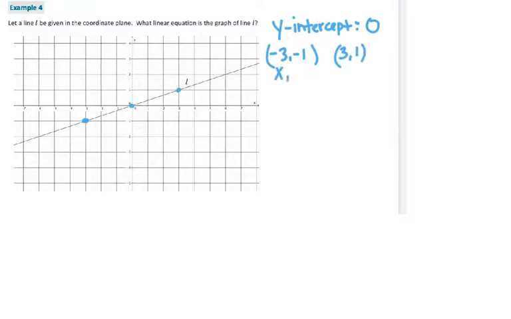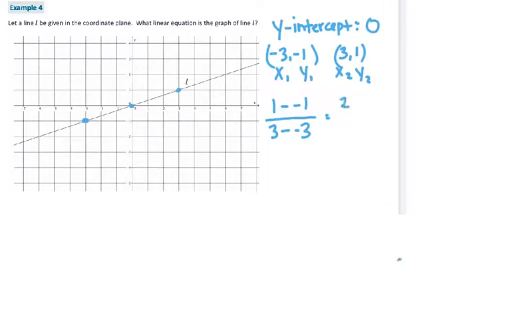And I have x1, y1, x2, y2. So when I write out my equation, I've got 1 minus -1 over 3 minus -3. So that means I actually have 1 plus 1 and 3 plus 3, because remember when we're subtracting a negative, it's technically addition.